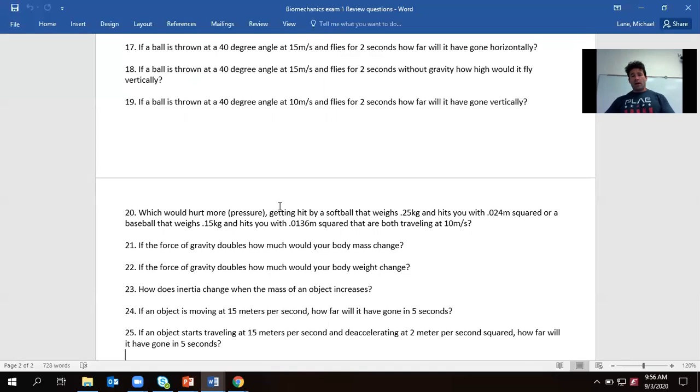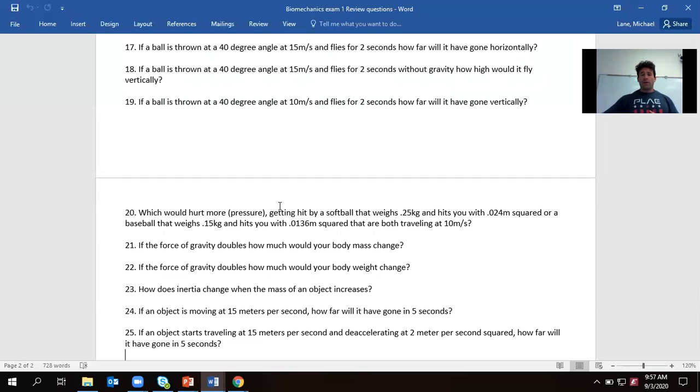So 0.25 times 10 squared, which is going to be 100, and it's 1/2 of that. So 0.25 times 0.5 times 100. So you end up with not that big of a number. And from there, you do the same thing with the baseball: 0.15 times 10 squared times 0.5. Now, you're going to figure out which one gives you the greater amount of pressure.